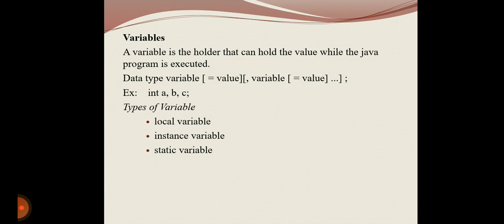The next one is the instance variable. Space is allocated for it in an object. A variable that is declared inside the class but outside the method is called the instance variable.